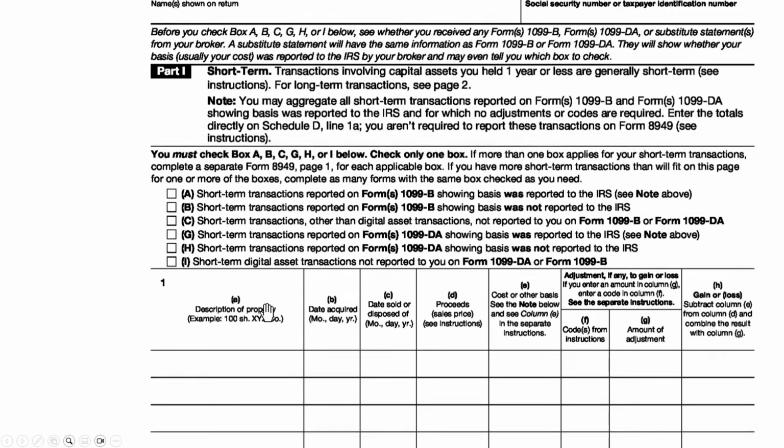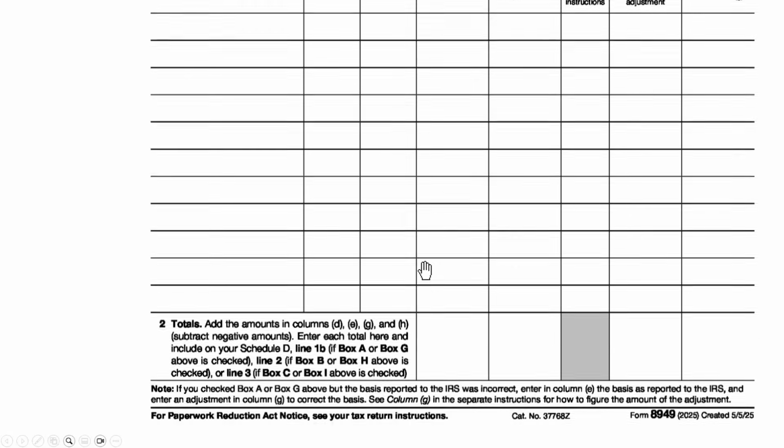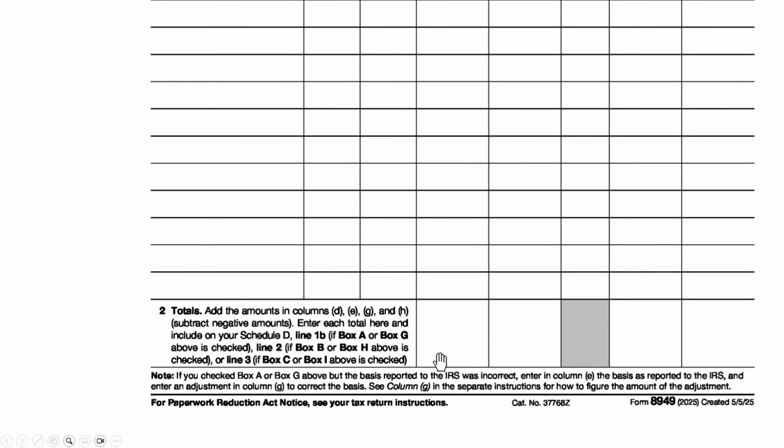So then you're going to go down here and you're going to list each of those transactions, when you acquired it, when you sold it, how much you sold it for, what your basis was. You've got some codes or adjustments that you may have that would be on your 1099-B. Then you're going to report your gain or loss. And then at the bottom, you will total up all of your gains and losses.